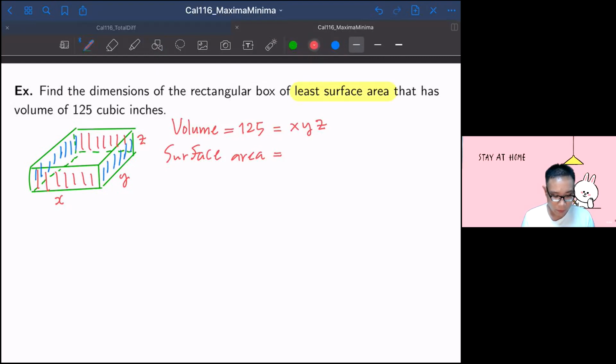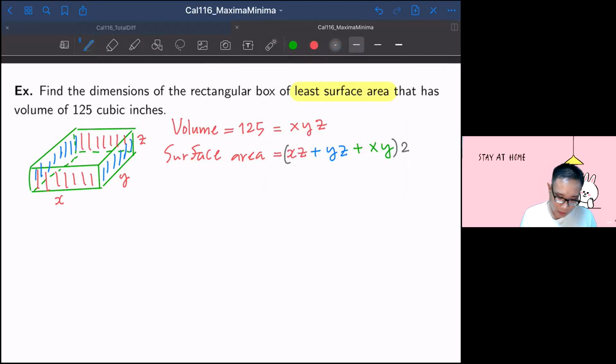The red one will be XZ, the blue one turns out to be YZ, and the green one turns out to be XY. So this will be the surface area. However, you have to double these: left and right, and top and bottom. So you have to double it.